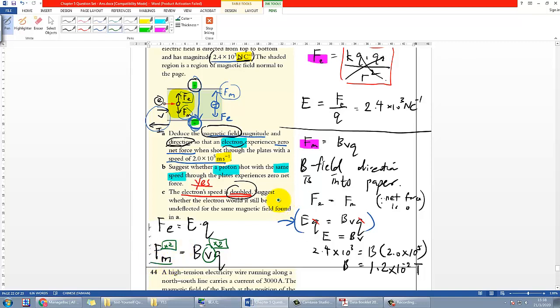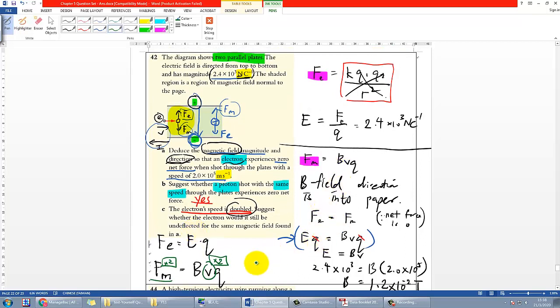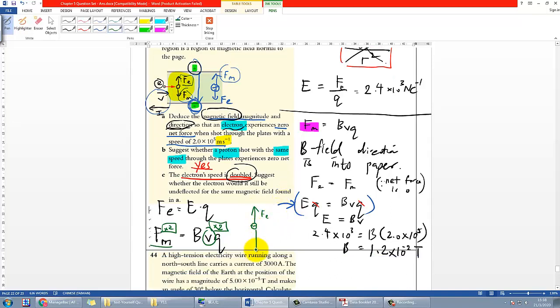That means it will go faster and faster, and it would not be balanced. If you draw the free body diagram on the electron, the Fe will still be the same length, but for Fm it will be double the length.